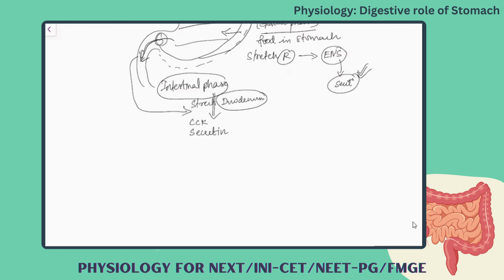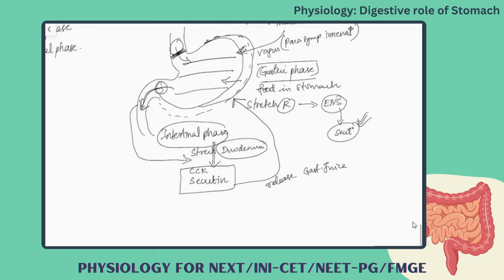This cholecystokinin and secretin will give stimulus to the gastric region to release gastric juice. So this is how the intestinal phase is also involved in gastric juice secretion.